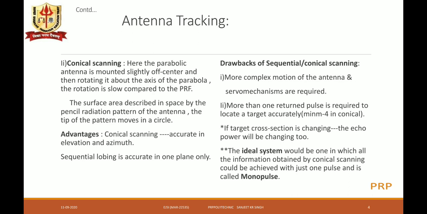The advantage of sequential lobing is that it is accurate in only one plane. The drawbacks, demerits of the sequential as well as the conical scanning, are, first, a more complex motion, because the antenna is rotated about its axis at a certain speed, and it is also rocked, moving up and down, nodding.